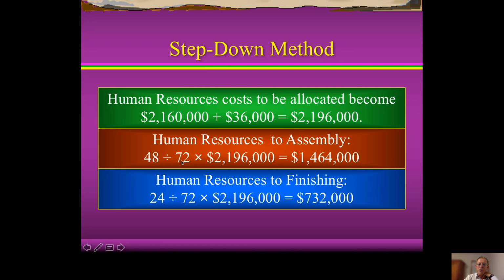There were 48 over the total number of employees between the two departments, 72. So their share, 1,464,000. And finishing department's number of employees, 24 over the total, times the total cost of the human resources, will be finishing's share of the human resources cost.